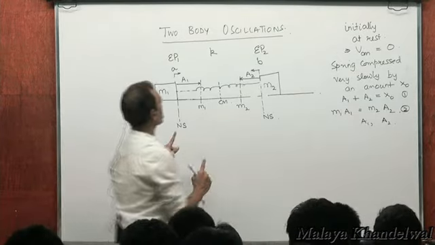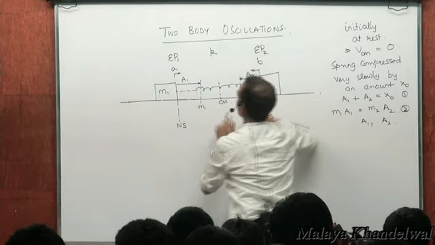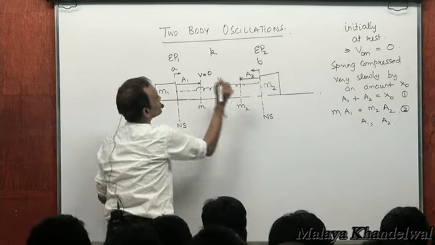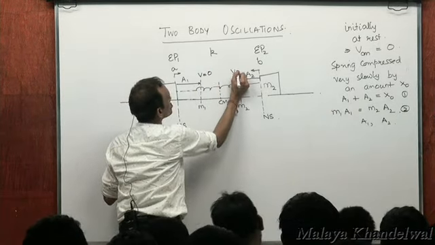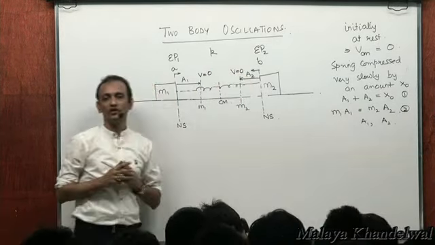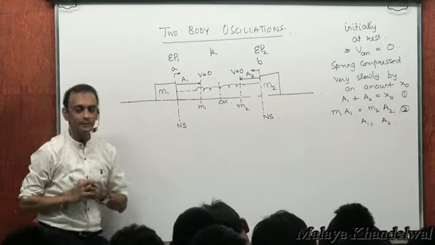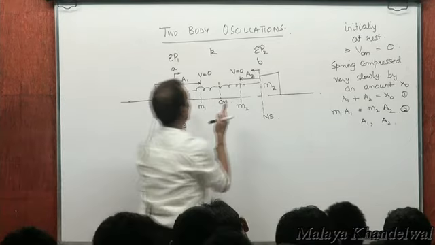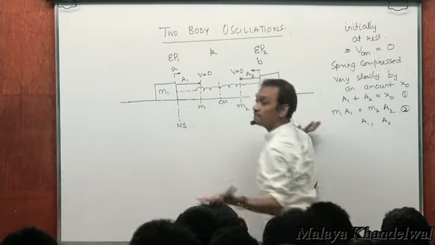Now, when I bring them to the state where the two masses have zero velocity, velocity of this is 0, velocity of this is also 0. Now I release the two masses.